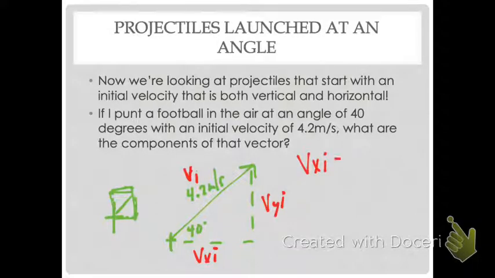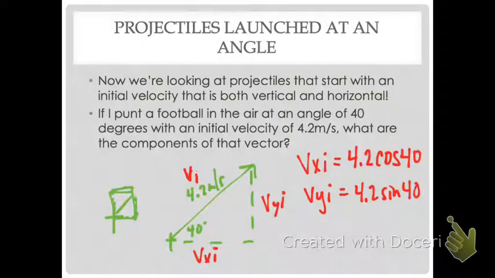For VXI, would we use sine or cosine? Cosine, good. So I would take the hypotenuse times cosine of my angle. And for VYI, I would take my hypotenuse times sine of my angle.